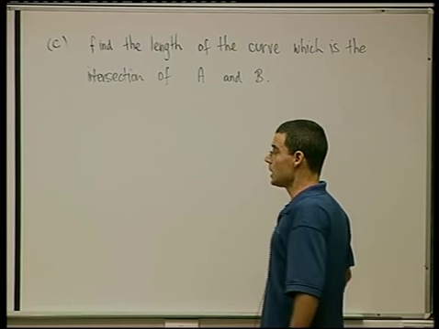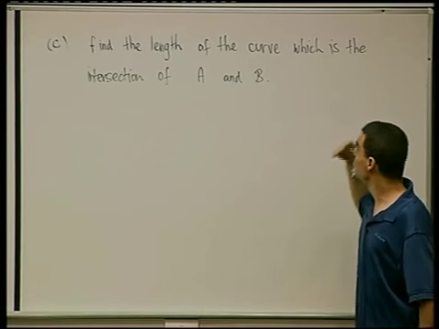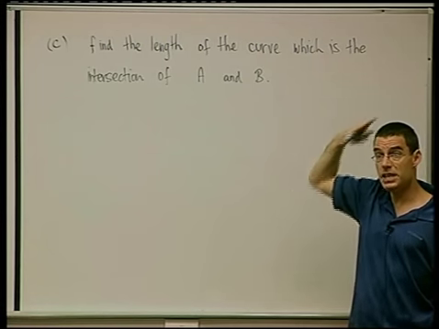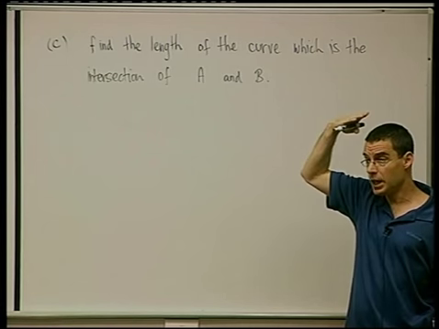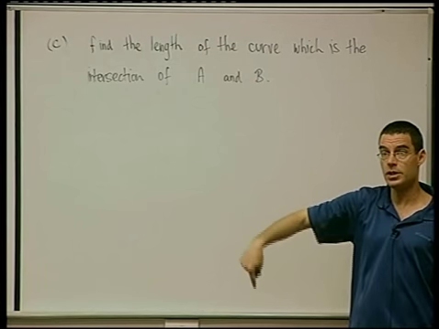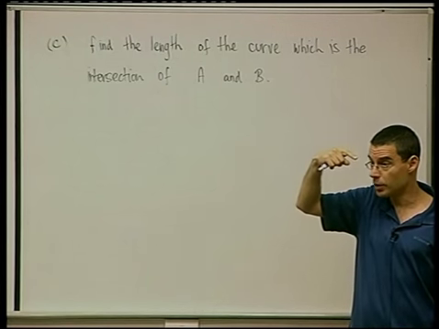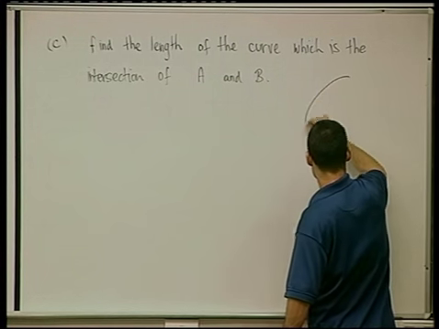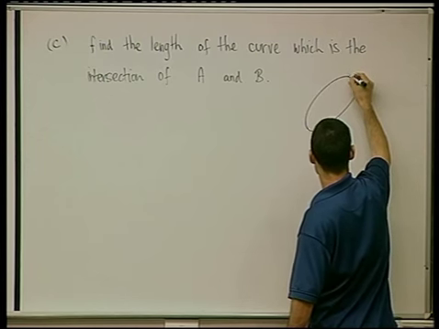So remember, A is the cylinder, the elliptic cylinder. B is that tilted plane, and their intersection is this ellipse-like curve sitting diagonally up here. Do you agree? Okay. So what we're looking for is the length of this curve here.